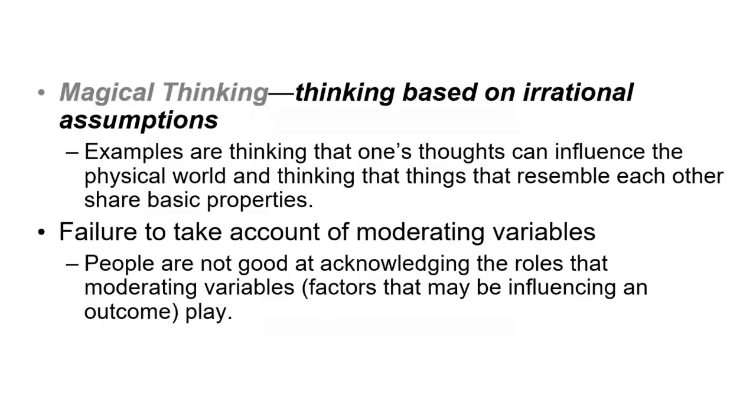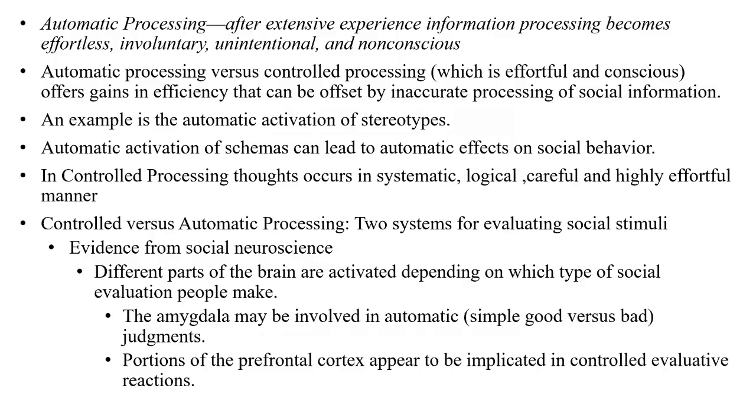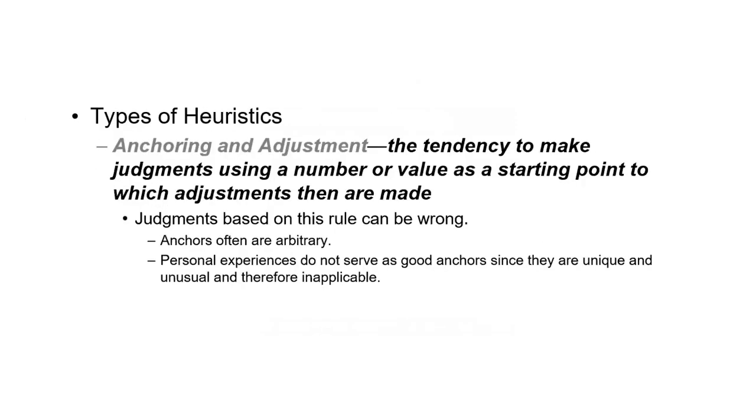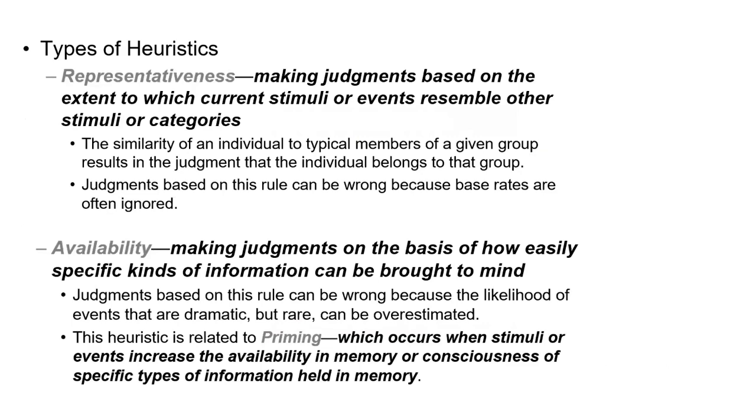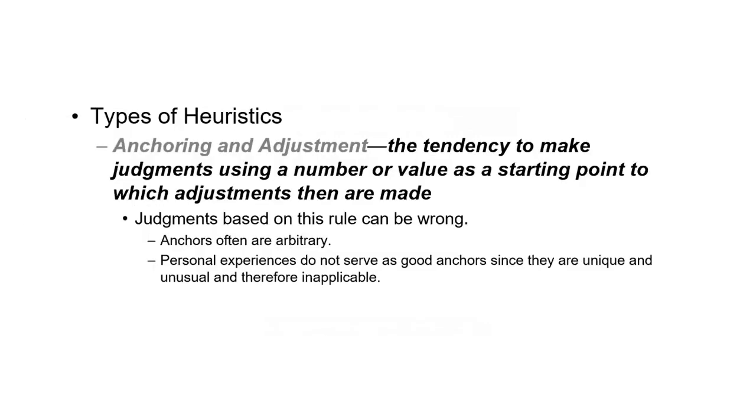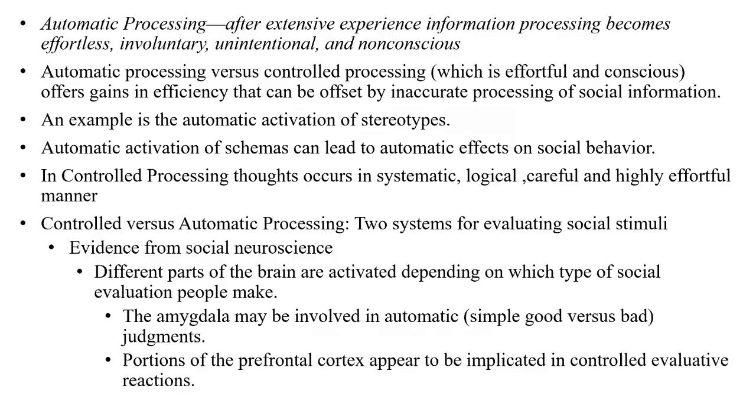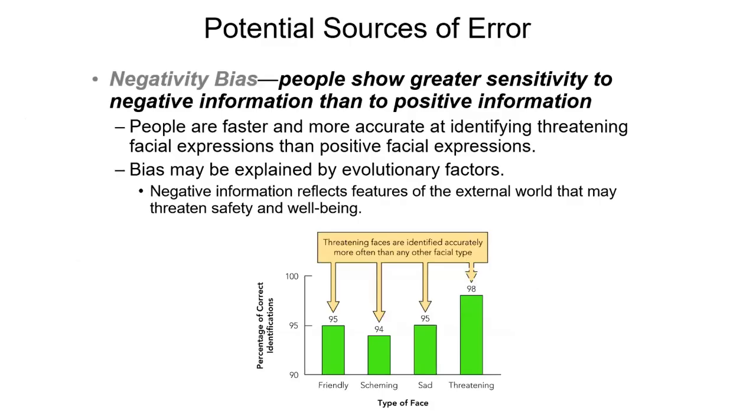So in today's video, we learned about heuristics and types of heuristics, in which we learned about three types of heuristics: representativeness, availability, and anchoring and adjustment. Then we learned about automatic processing and controlled processing.